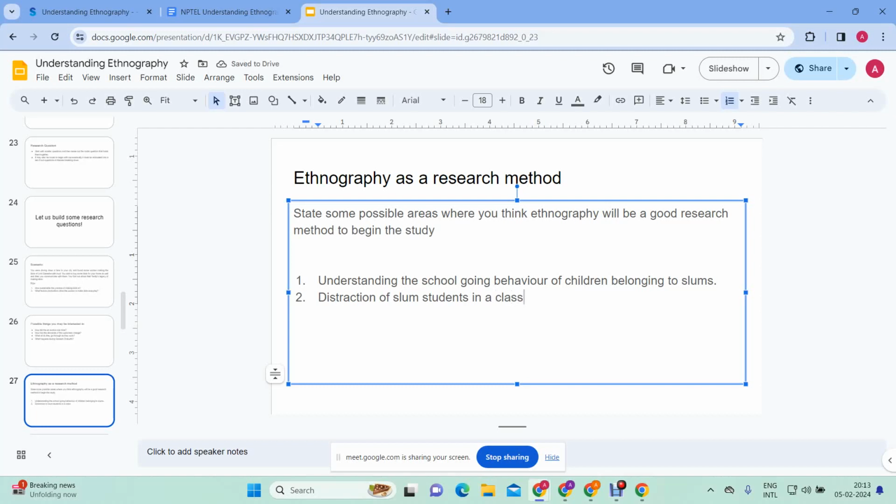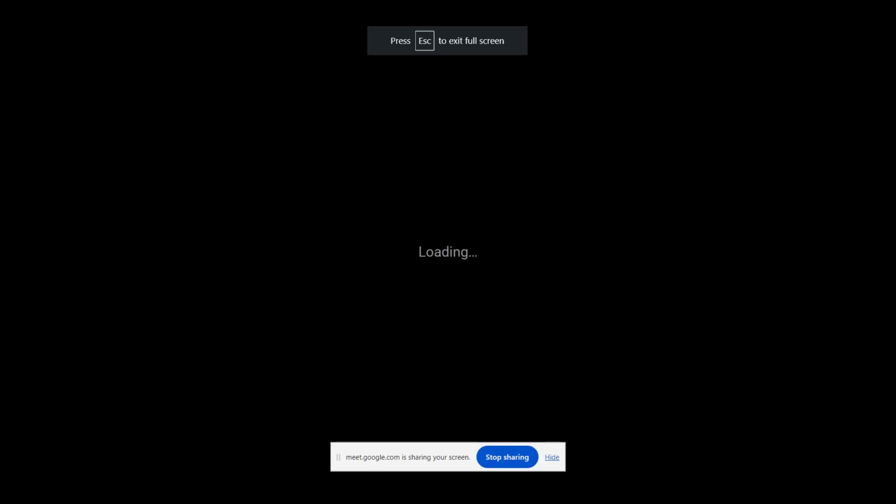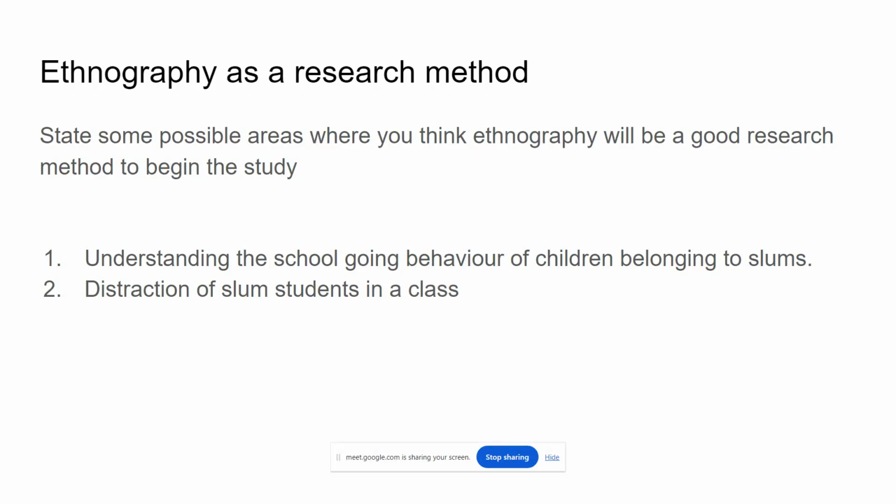Obviously, because now your context has changed. Before, in point number one that we were talking about, understanding the school going behavior might arise from their context of being in the slum, right? That might depend on their family, on their everyday tasks or whatever activities they do in the whole day.